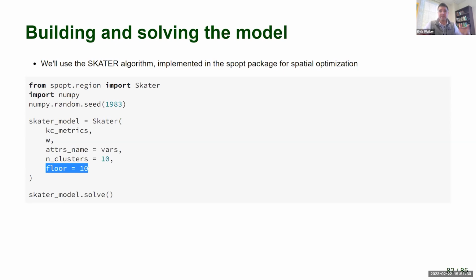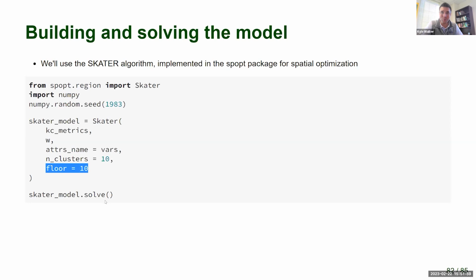So this, you can think of as a spatial optimization problem, where we have a bunch of constraints. We need to minimize the heterogeneity or maximize homogeneity amongst these variables. We need to solve for 10 geographically coherent and contiguous regions. And our minimum number of census tracts within each region has to be 10.